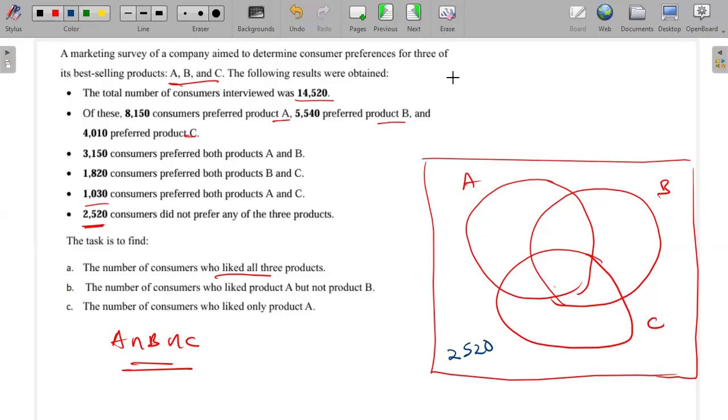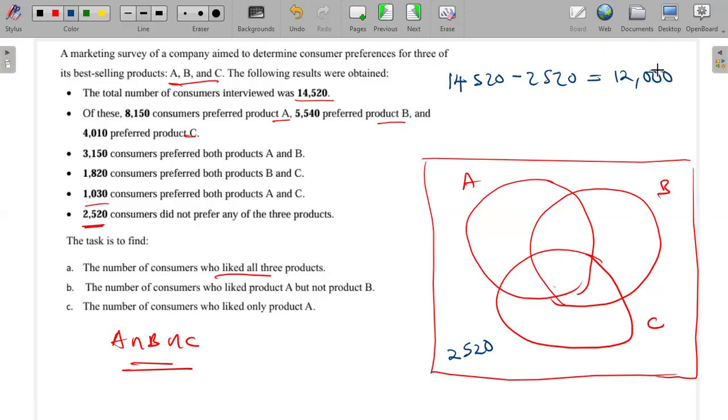Out of the total 14,520 who took part in the interview, if I subtract those that did not prefer any product, I'm going to have 12,000 remaining. So these 12,000 are consumers who preferred at least one of the three products.